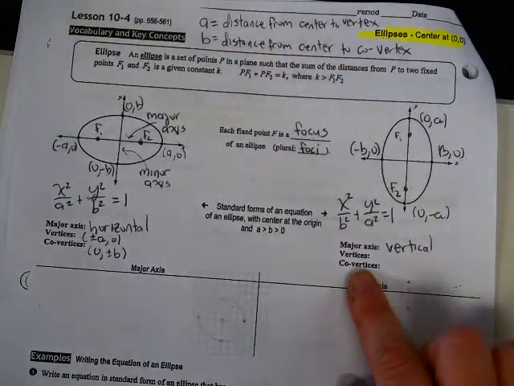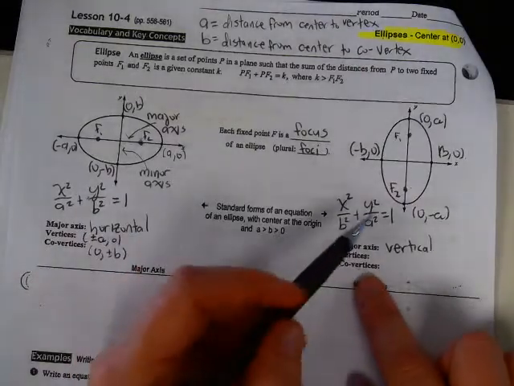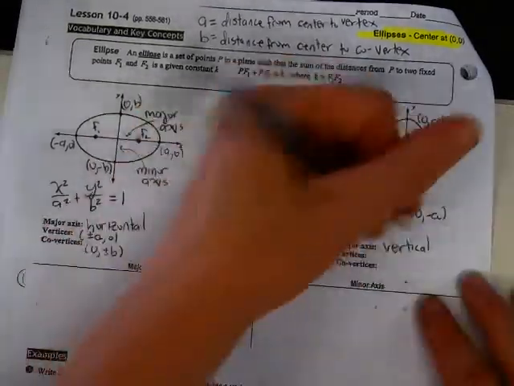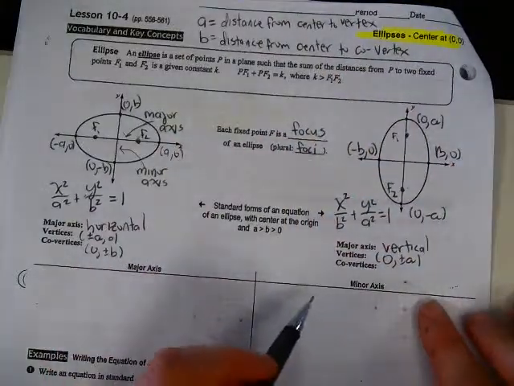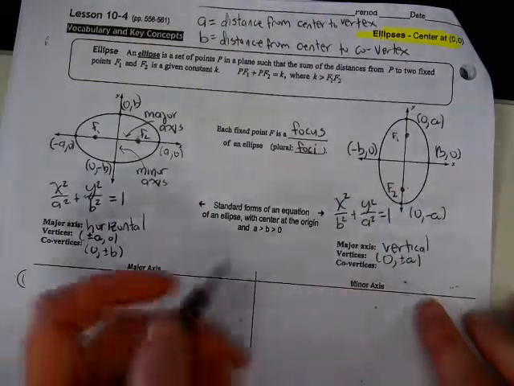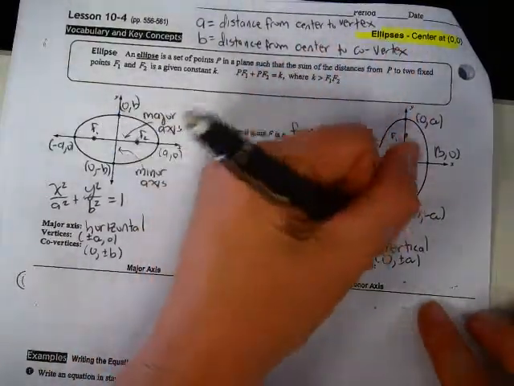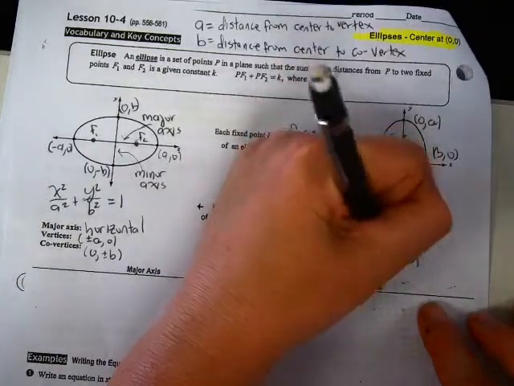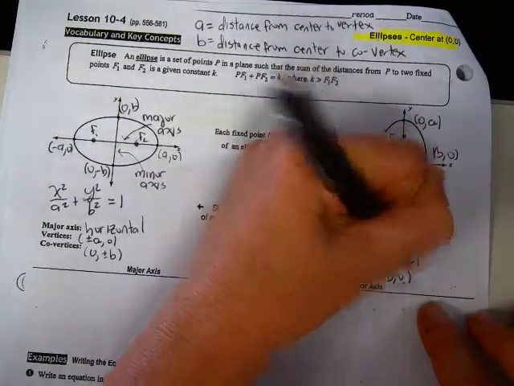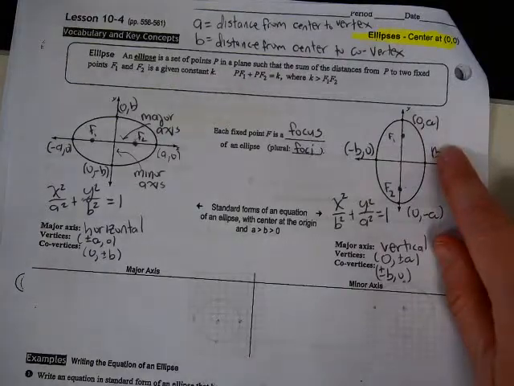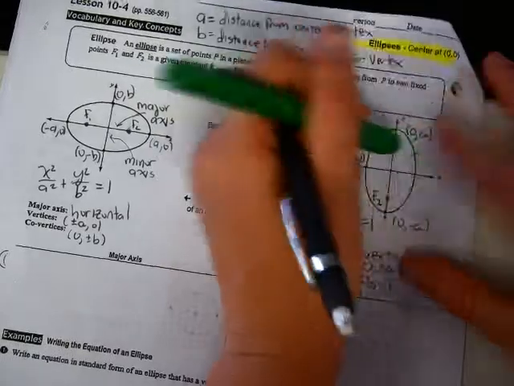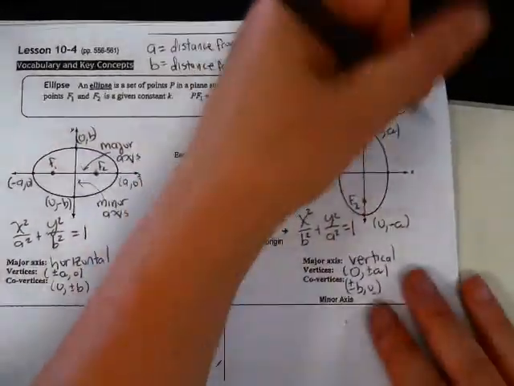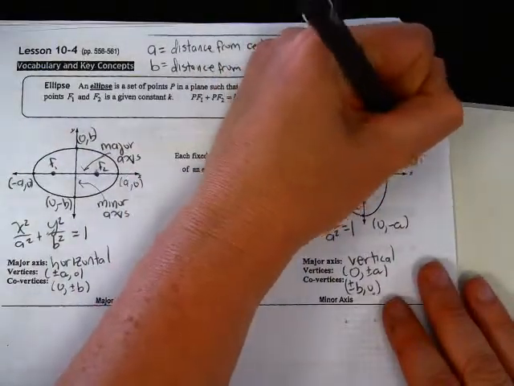My vertices, which always fall on the major axis, are going to be 0, plus or minus a. And my co-vertices, plus or minus b, 0. This is a little hard to read. I'm going to erase that. Try again. So I want this to say b, 0.